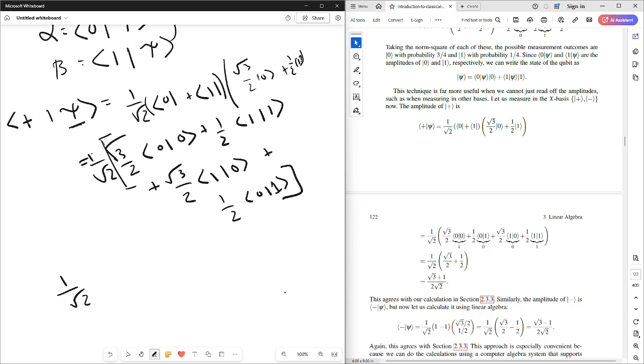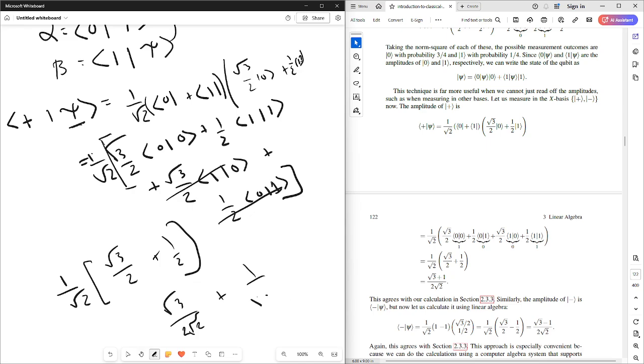So these are 1, these are 0, they're gone, poof. We wind up with 1 over square root of 2 times square root of 3 over 2 plus 1/2. Distributing, square root of 3 over 2 square roots of 2 plus 1 over 2 square roots of 2. So square root of 3 plus 1 over 2 square roots of 2.